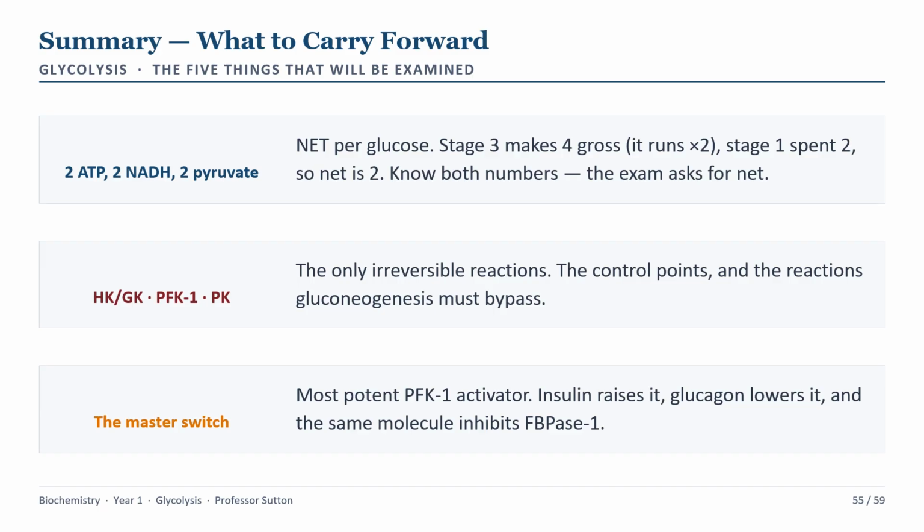These are the control points, the reactions gluconeogenesis must bypass. 3. Fructose 2,6-bisphosphate, the most potent activator of phosphofructokinase 1. Insulin raises it, glucagon lowers it, and the same molecule inhibits fructose 1,6-bisphosphatase, so the 2 pathways can never run at once.